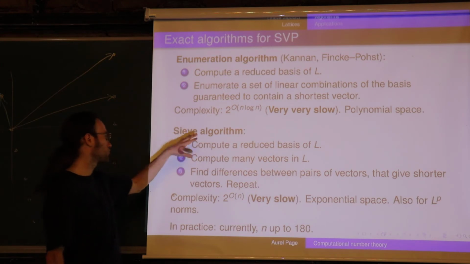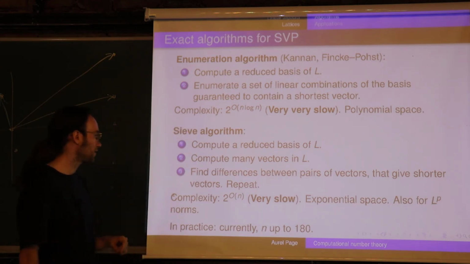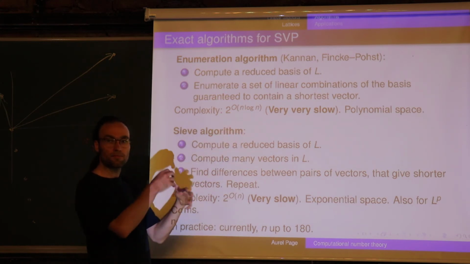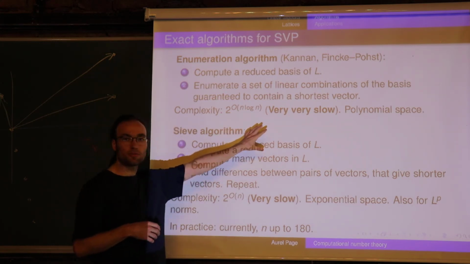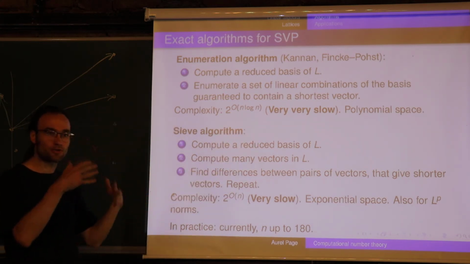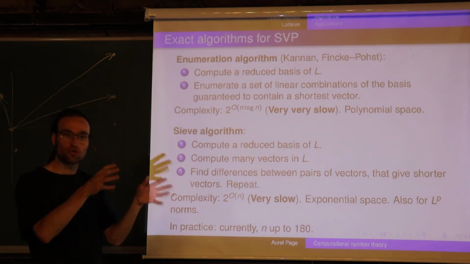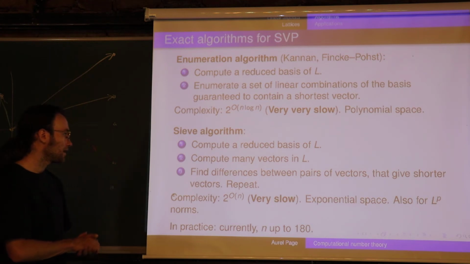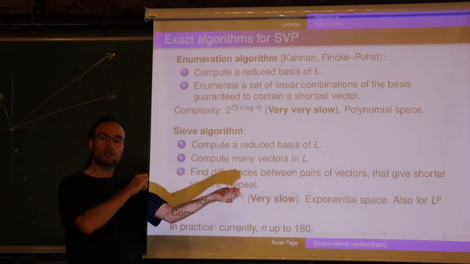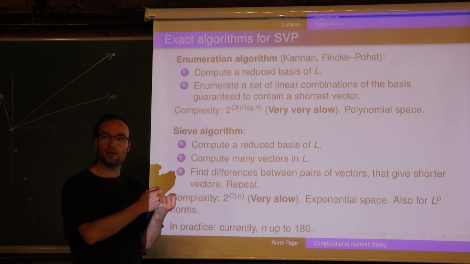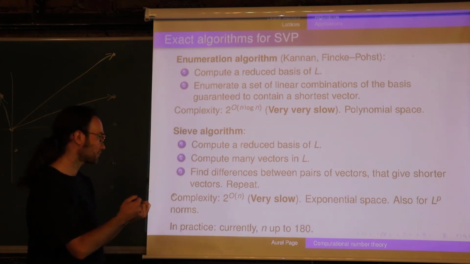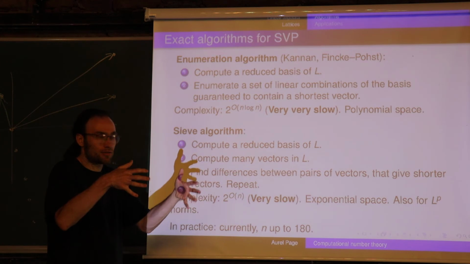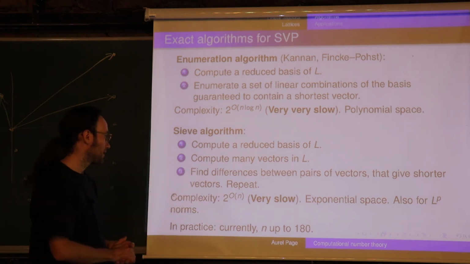So you first compute a reduced basis of L, and then you compute many vectors in L by taking random linear combinations of your basis, but here you don't take all the possible combinations, just a random set. And then you try to find differences between pairs of the vectors that you enumerated that give something shorter. And you keep repeating until you can't anymore.